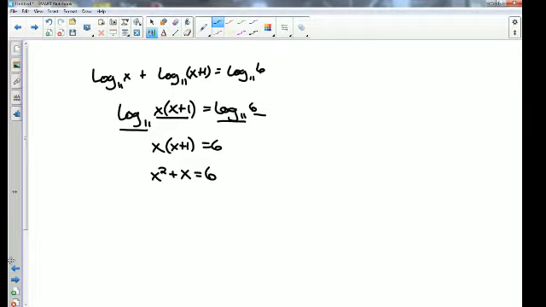No. Subtract 6. What do you always do with a quadratic? Set it equal to 0. Now solve it. 2 and 3.